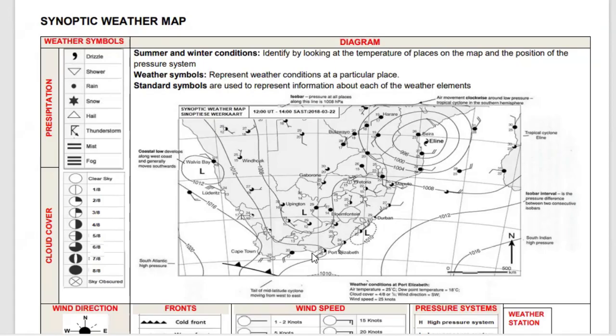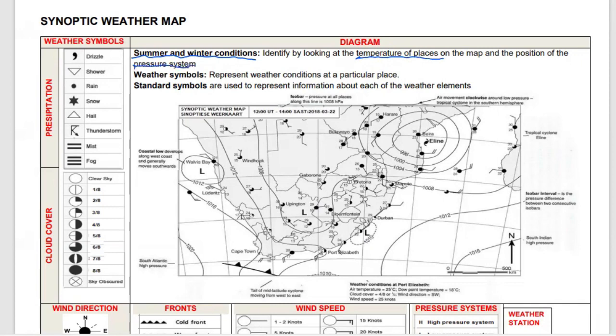We have summer and winter conditions, written here as summer and winter conditions, identified by looking at the temperature of places on the map and the position of the pressure system. When you want to determine whether it's a summer map or a winter map, we identify by looking at the temperature of places on the map, as indicated here, and also the position of the pressure system.